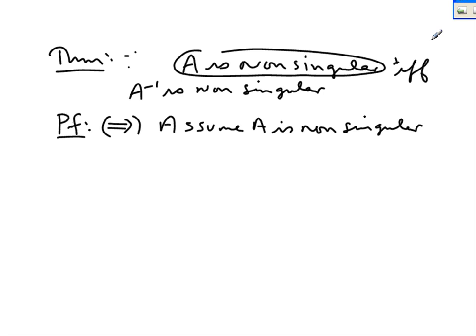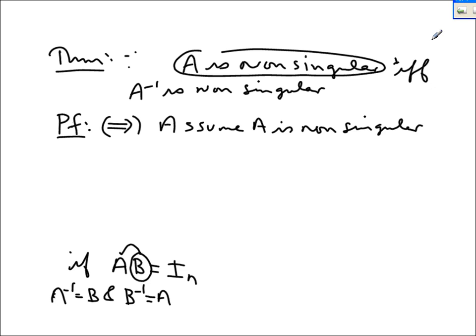Now, remember, if the product of these two matrices is I, then the inverse of that second matrix is the first matrix. That is, the inverse of the second matrix is the first matrix. Yes, absolutely, the inverse of the first matrix is the second. If a product of two matrices equals the identity, then we have this down here: A inverse is B, and B inverse is A. So A is non-singular.